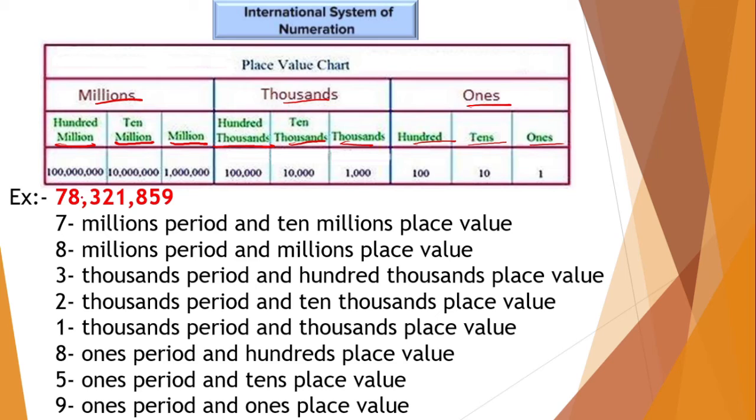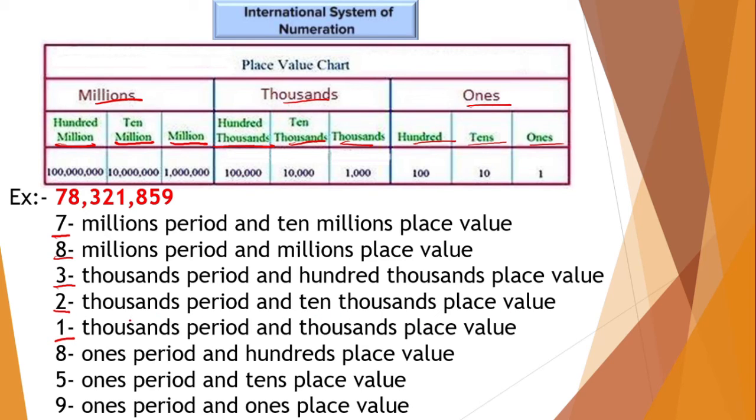So we have an example, 78,321,859. 7 is in millions period and 10 millions place value. 8 is in millions period and millions place value. 3 is in thousands period and 100,000s place value. 2 is in thousands period and 10,000s place value.